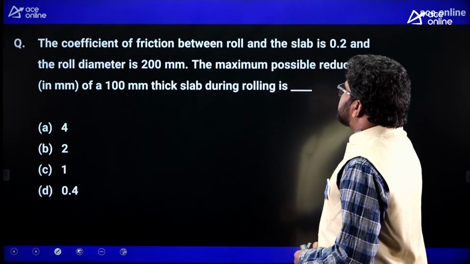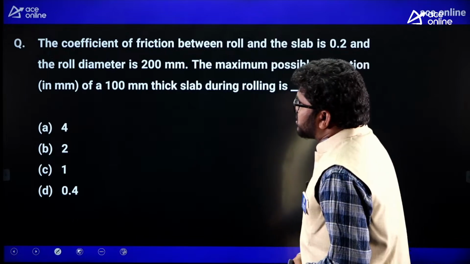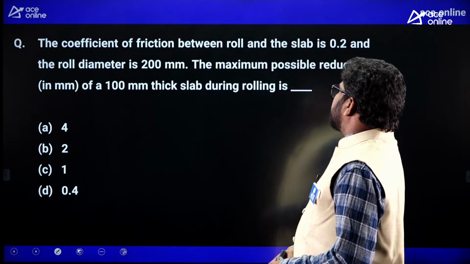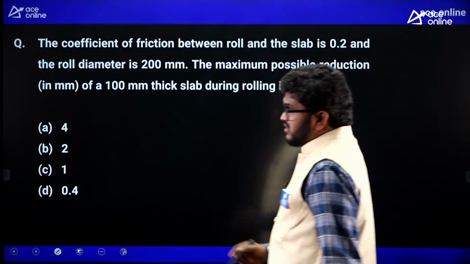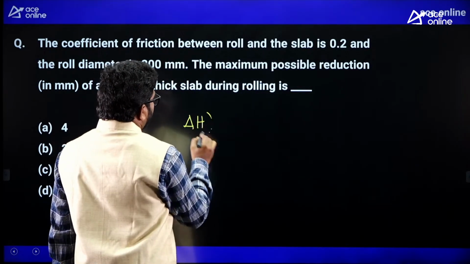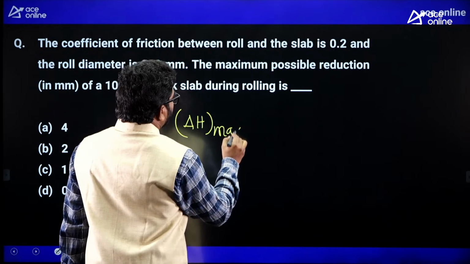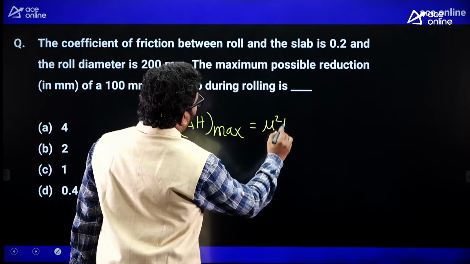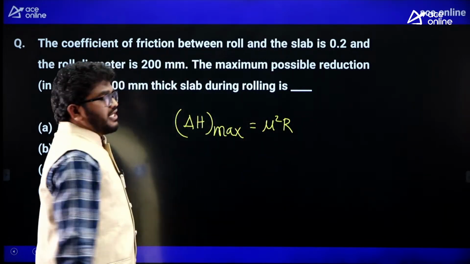The coefficient of friction between the roll and slab is 0.2 and the roll diameter is 200 mm. What is the maximum possible reduction? Remember, in the rolling operation, delta H max is equal to mu squared times R, very important.